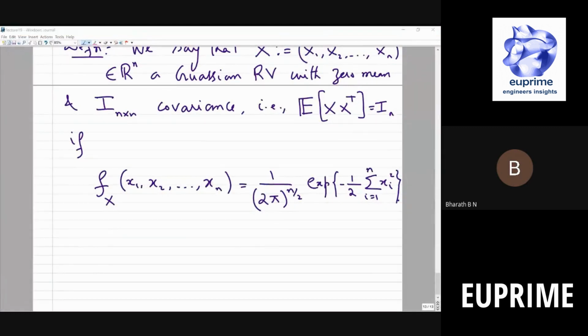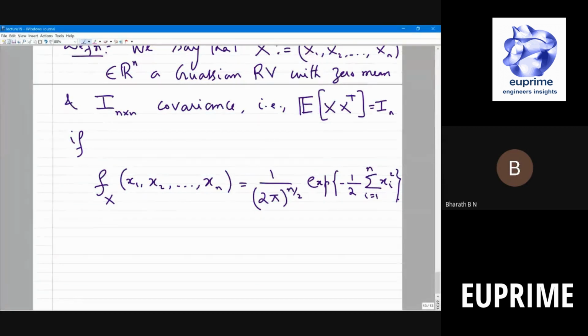But there is another problem. You might ask, why only Gaussian? Why not consider, for example, a jointly exponential distribution? One can ask that question. The answer is there are reasons. First, why do you want to look at that? There are no practical applications, or repeatedly occurring problems, where you have to look at jointly exponential.